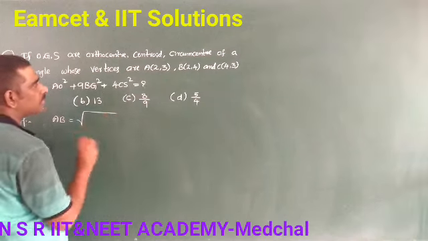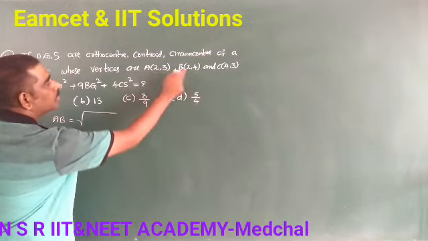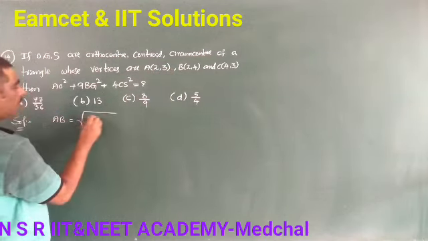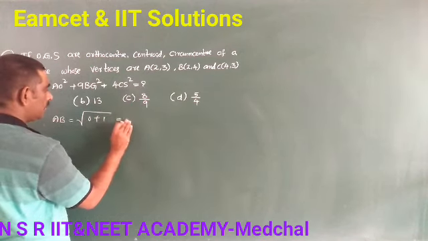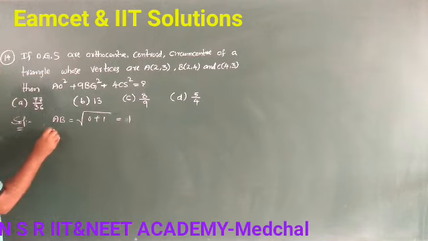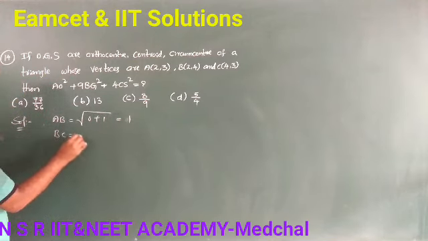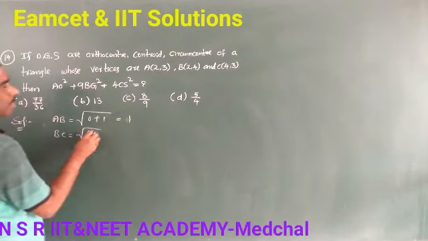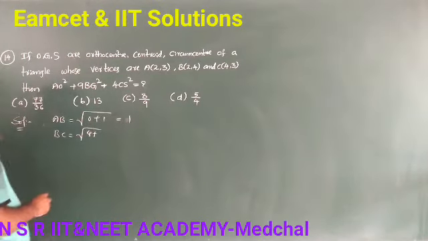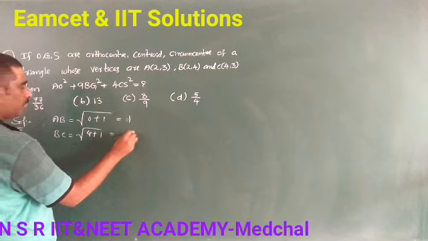Distance of AB: 2 minus 2 is 0, square 0; 4 minus 3 is 1, square 1; we get root 1, so the AB value is 1. Next, distance of BC: 4 minus 2 is 2, square 4, plus 3 minus 4 is minus 1, square 1, we get root 5.